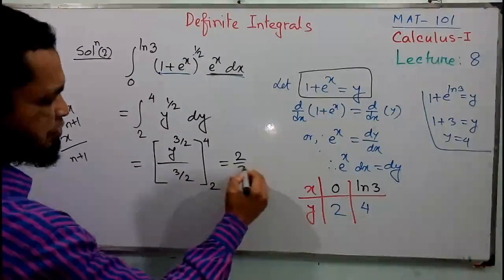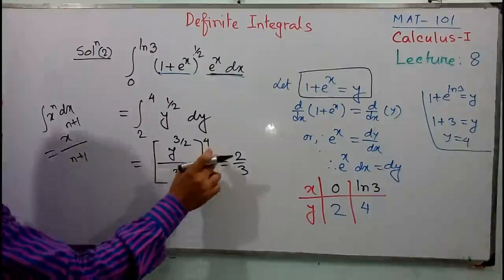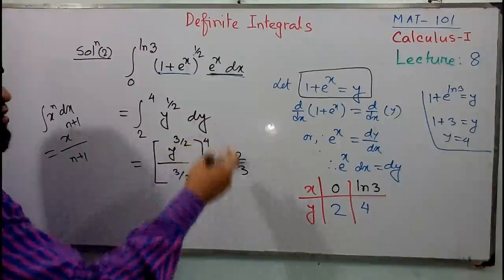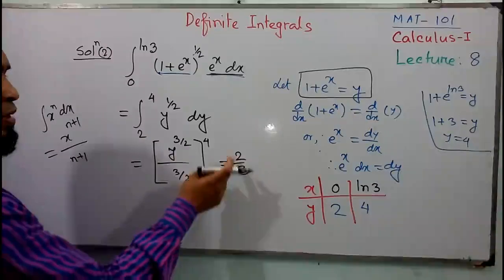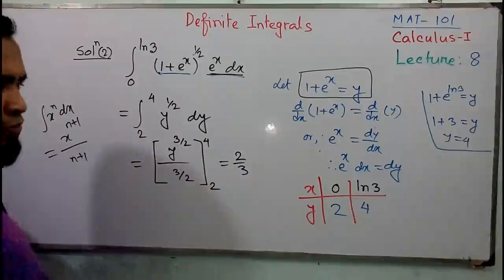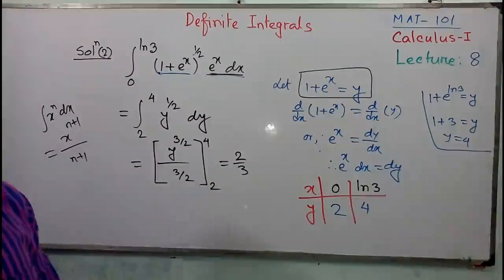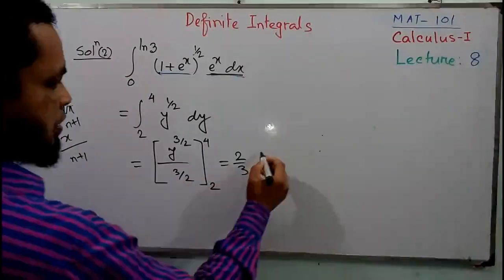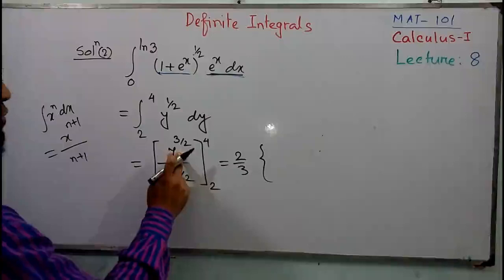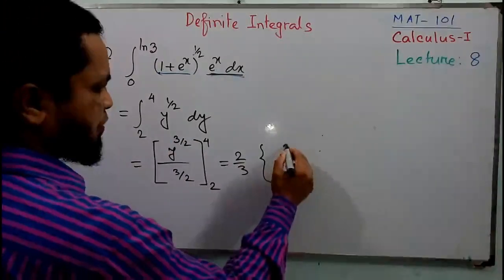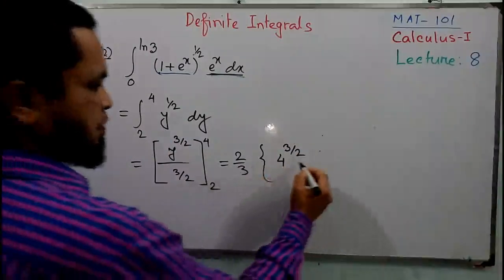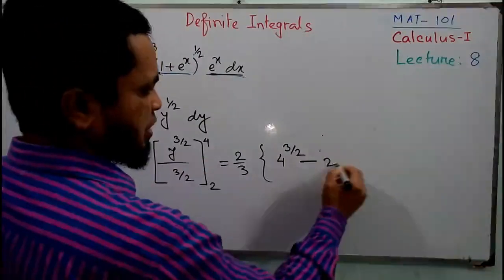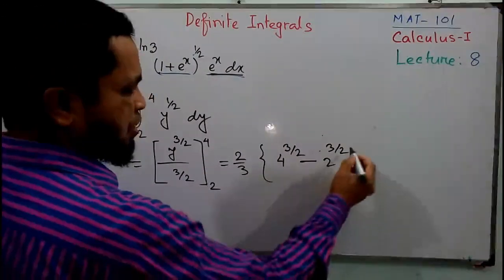Now 2 by 3, you write down this term, and it will interchange. The value of 3 by 2 will be 2 by 3. Then upper limit is 4, then it will be like this: y to the power 3 by 2, that is 4 to the power 3 by 2 minus 2 to the power 3 by 2.